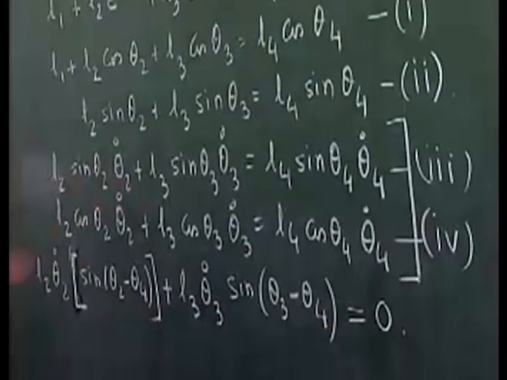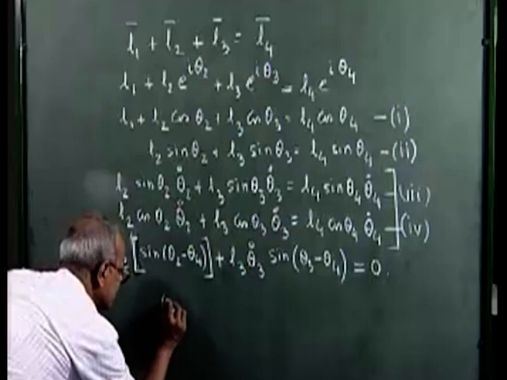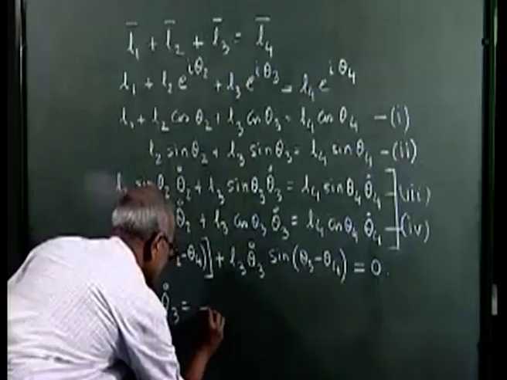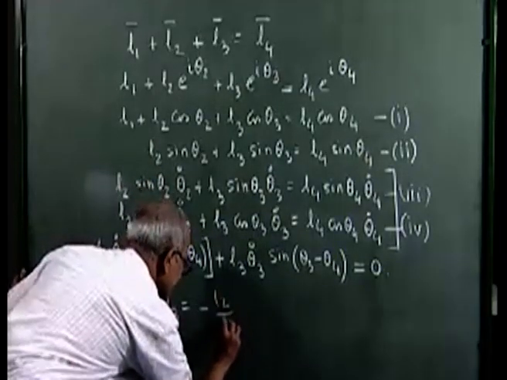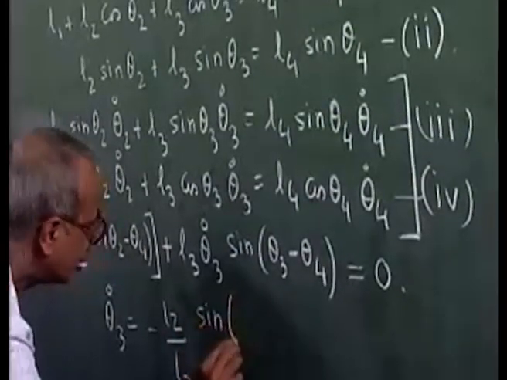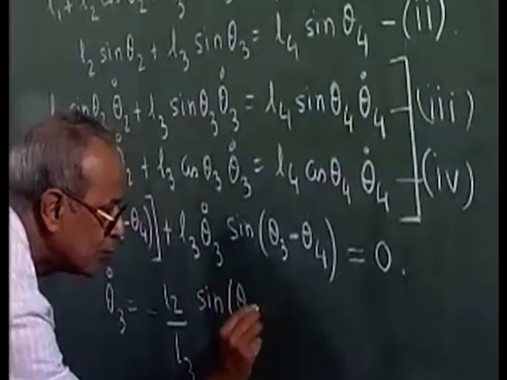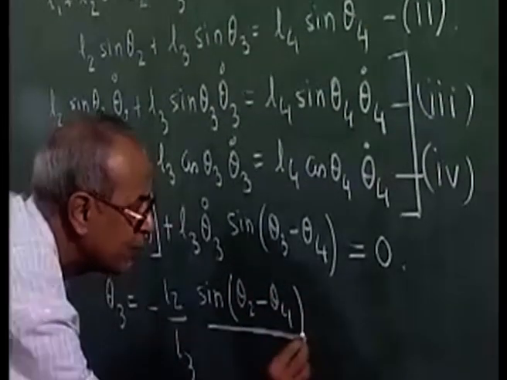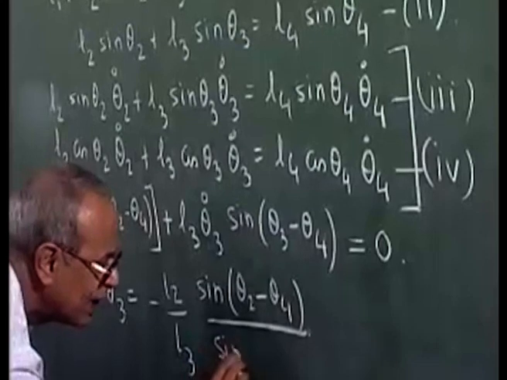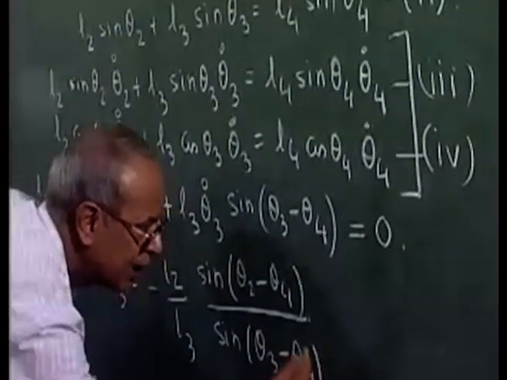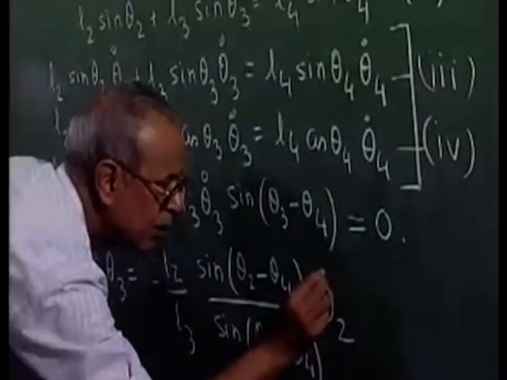So I have eliminated theta 4 dot from these two equations, and I can obtain the unknown theta 3 dot as minus L2 by L3 times sine of theta 2 minus theta 4 divided by sine of theta 3 minus theta 4, into theta 2 dot.